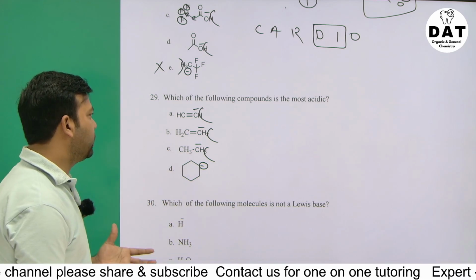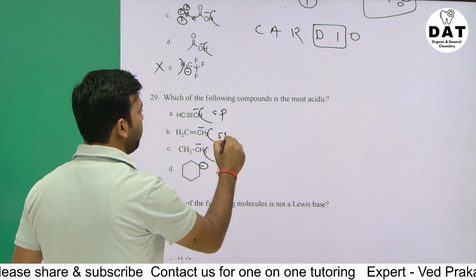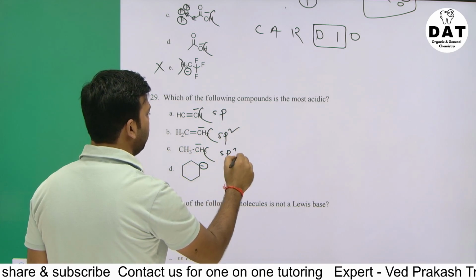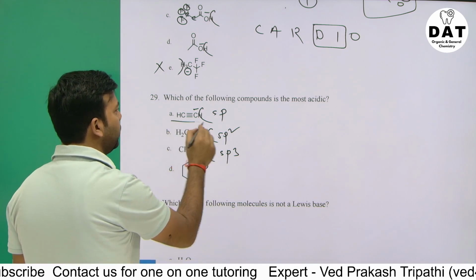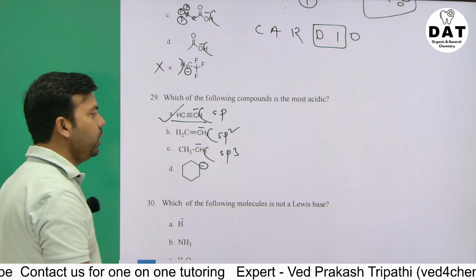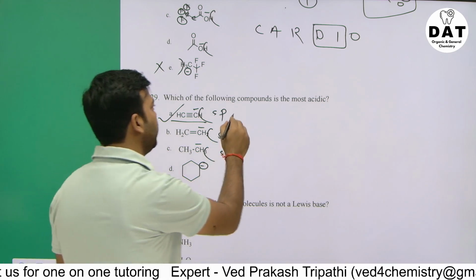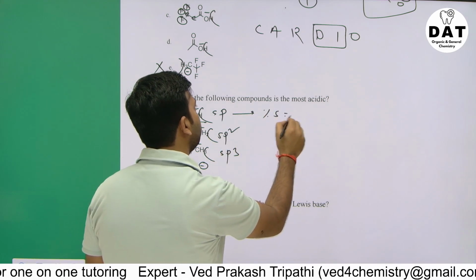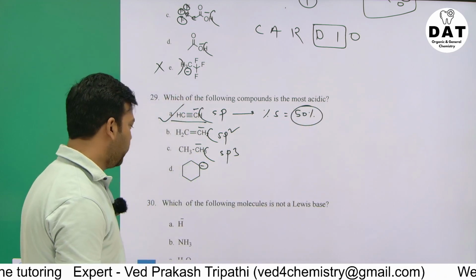Orbital hybridization you can apply here. sp hybridized, sp2 and sp3, and this is also sp3 single bonded. So sp is most acidic because it has the most electronegative character due to percent S. sp has the highest percent S character, which is 50%. So the more the percent S character, the more the electronegativity.